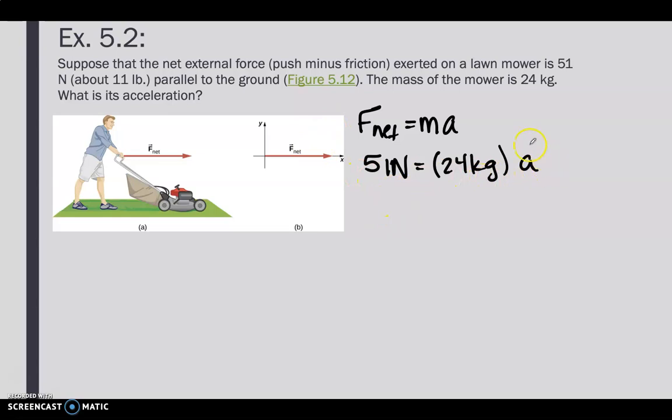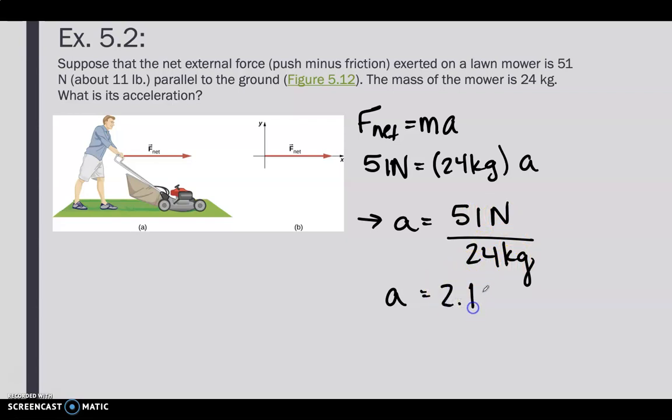To find our acceleration here, we can manipulate this equation with algebra and solve here. Okay, so our acceleration is going to be 51 over 24, which is approximately 2.13.